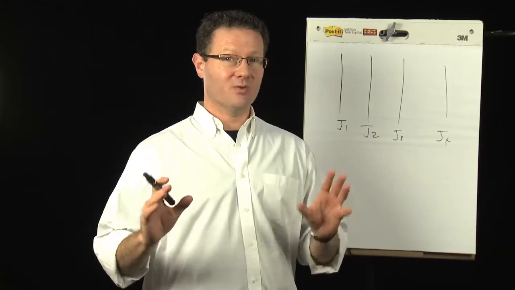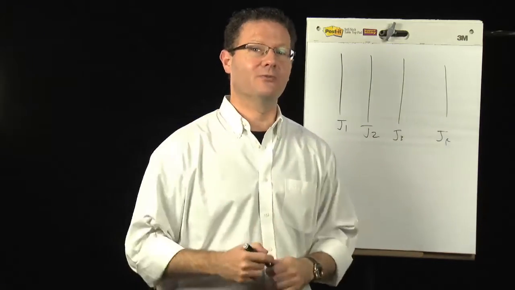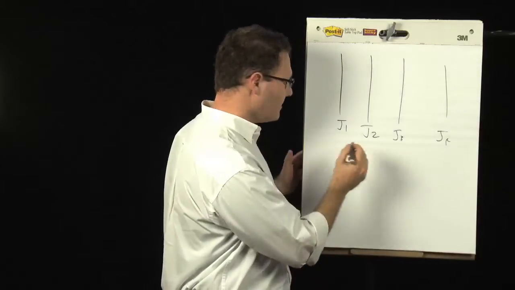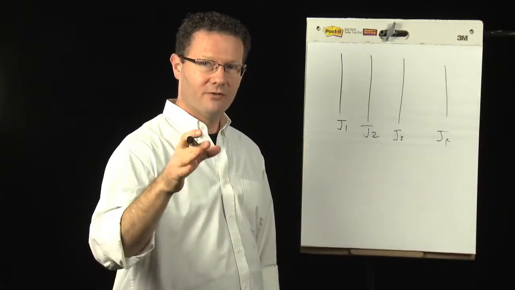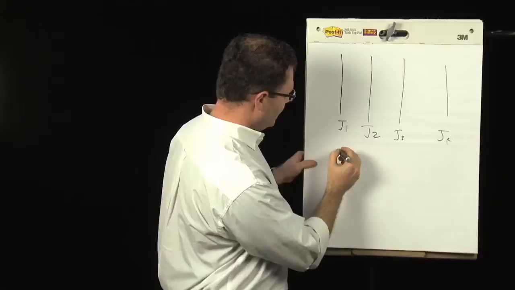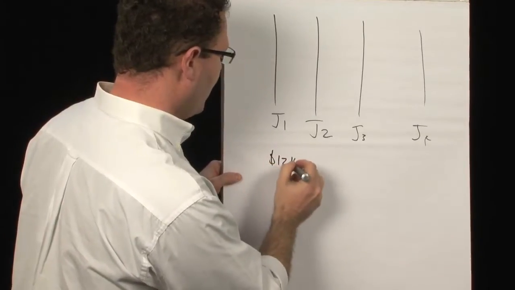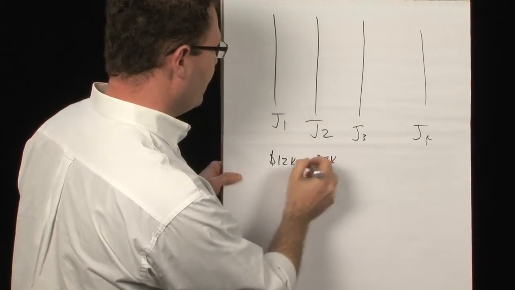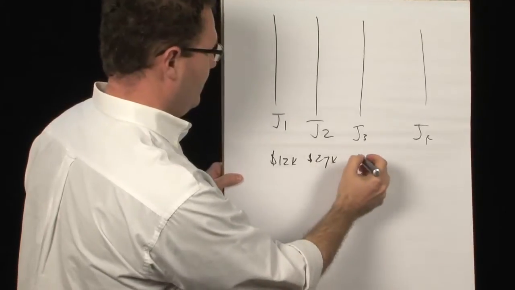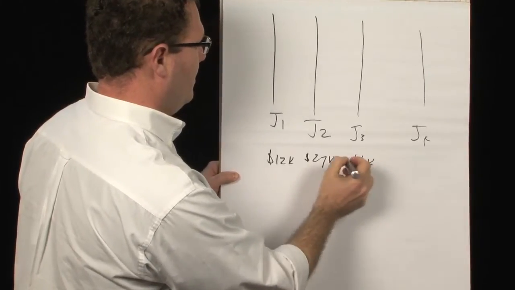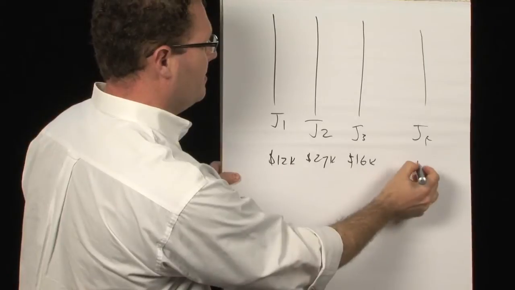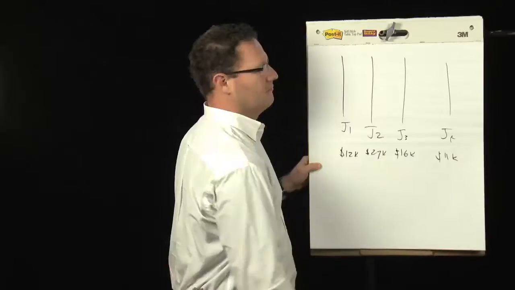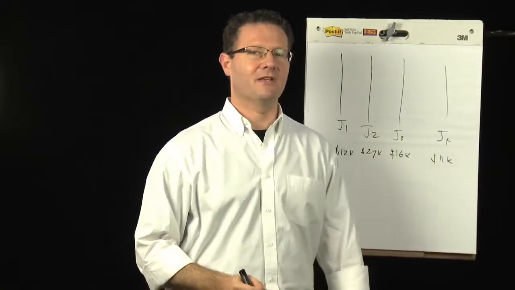Now, what makes things worse is what you let your customer do. Let's assume what you're owed for each job is, say, 12 grand there, 27 grand there, 16, 11, for argument's sake, can be anything.